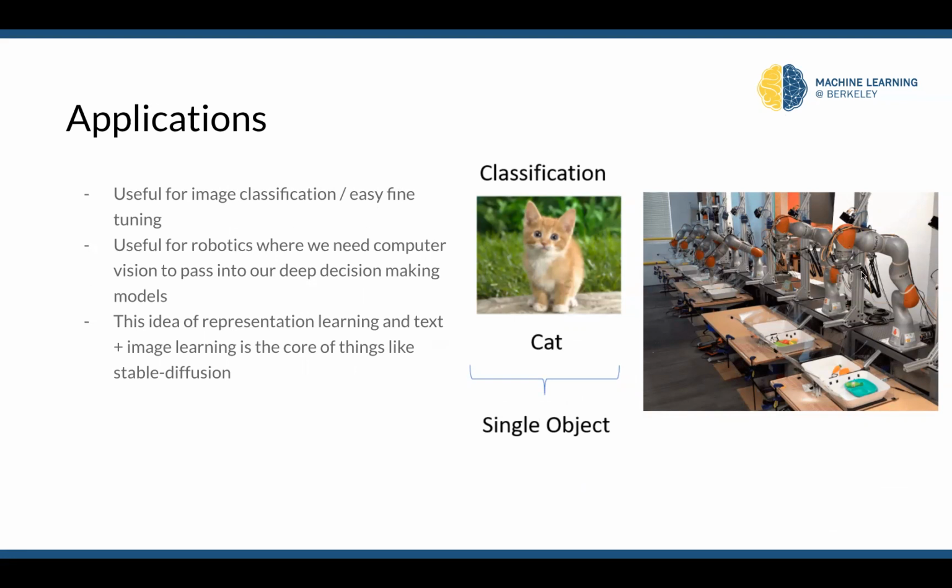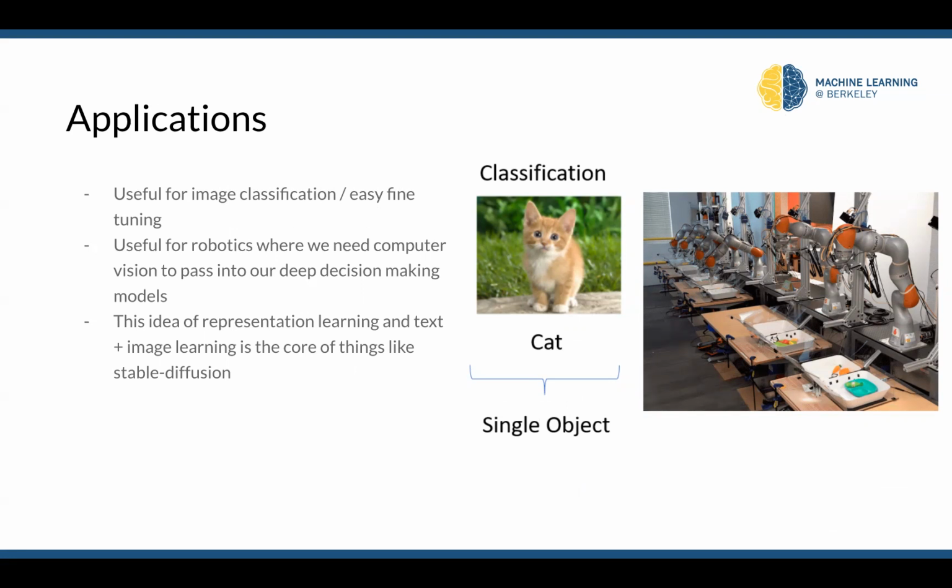Another thing you can think of is, say, robotics, where our robot has an image of the scene, and from it needs to try and figure out, where is the object? How am I going to path to it? How am I going to pick it up? We have a deep decision-making network that needs some kind of embedded representation of the images that it's taking of this scene.